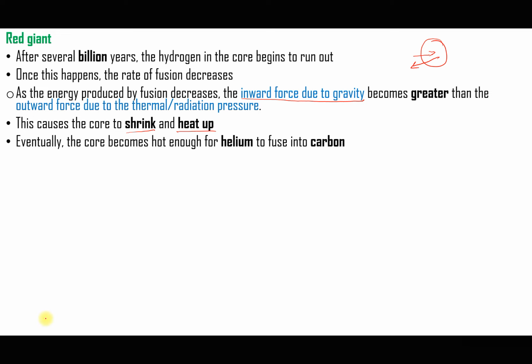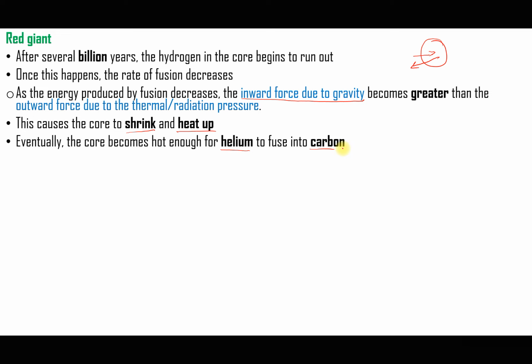Eventually, because it has collapsed inwards, the core becomes hot enough again for helium to fuse into carbon. As the core collapses inwards, the gravitational potential energy is converted into kinetic energy of the molecules, which is transferred into thermal energy at the core.